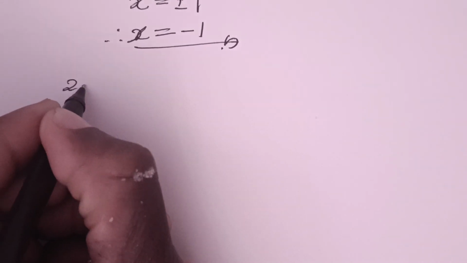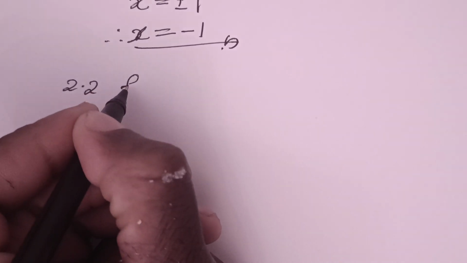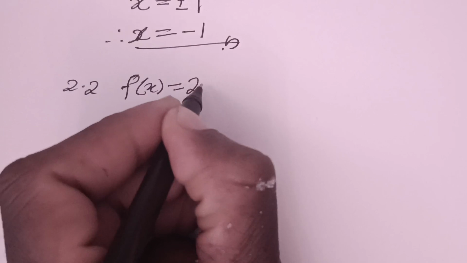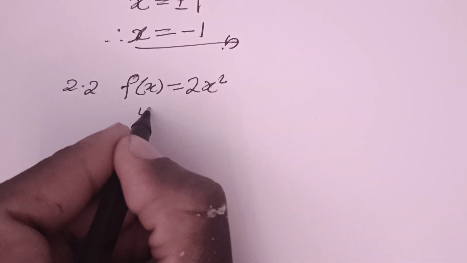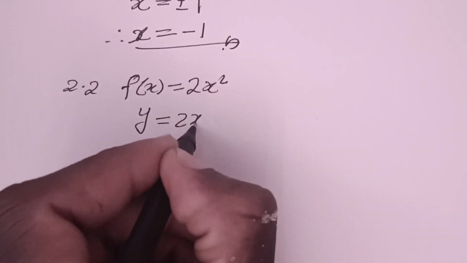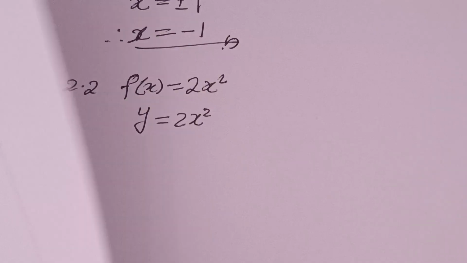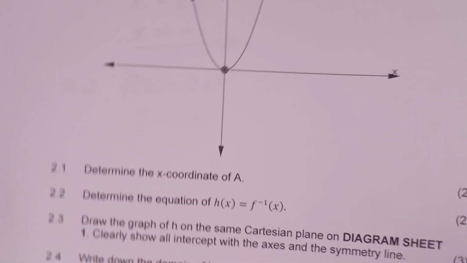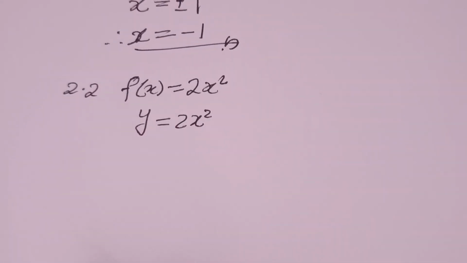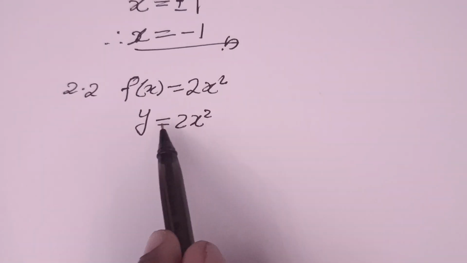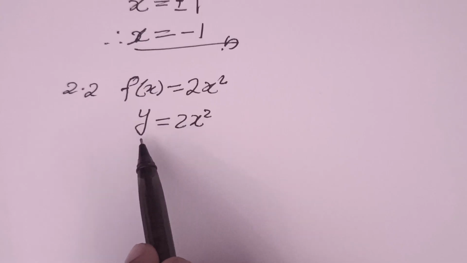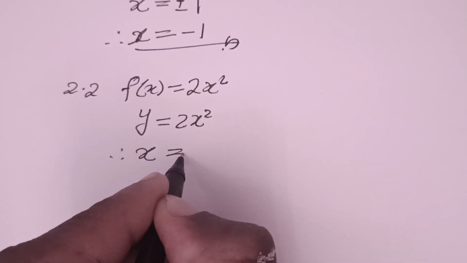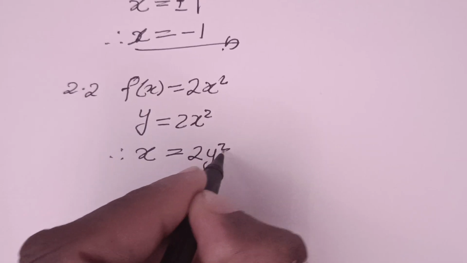The function was given as f of x equal to 2x squared, meaning y is equal to 2x squared. To get the inverse, whatever was x must become y, whatever was y must become x. So therefore, we are going to have x is equal to 2y squared.